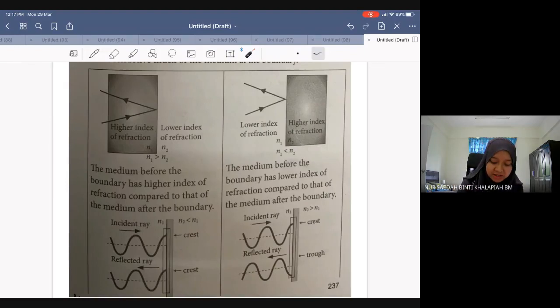For this case, N2 is more than N1, meaning the light goes from lower density to higher density.